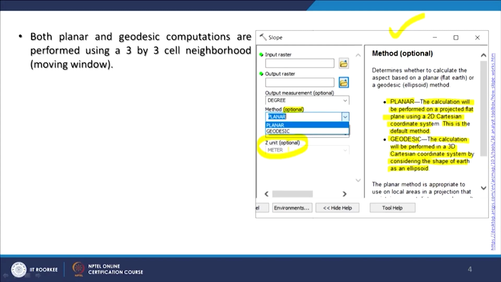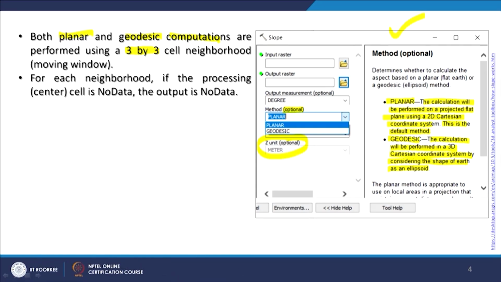We have already discussed this and we will discuss it further when I demonstrate through a software. Both these methods, planar and geodesic computations, are performed using the same 3 by 3 moving window or kernel for each neighborhood, that is, the remaining 8 cells. So, a 3 by 3 window involves 9 cells in total, but if I exclude the center cell, then it is 8 neighbors.